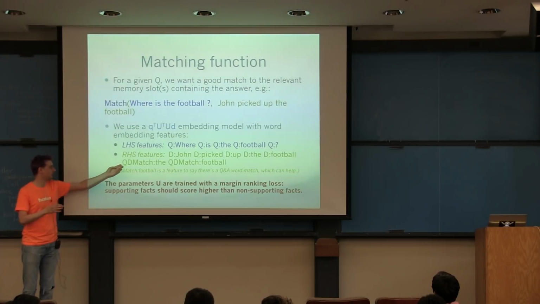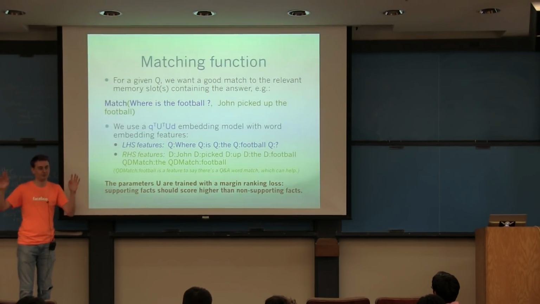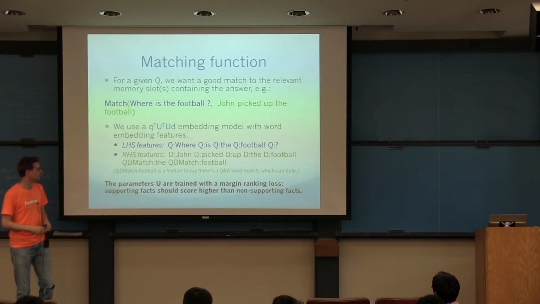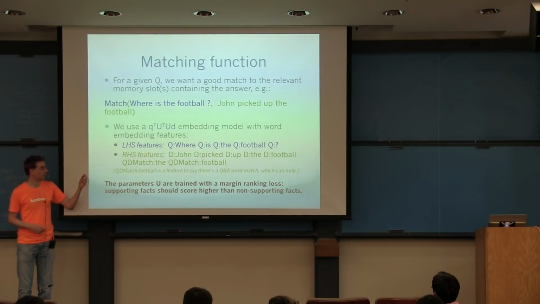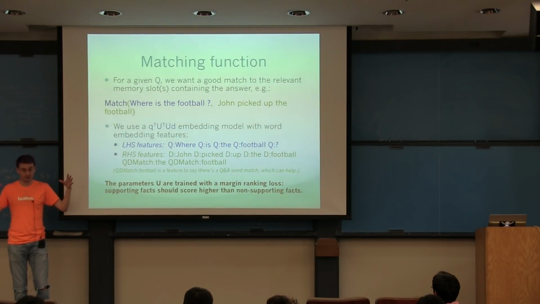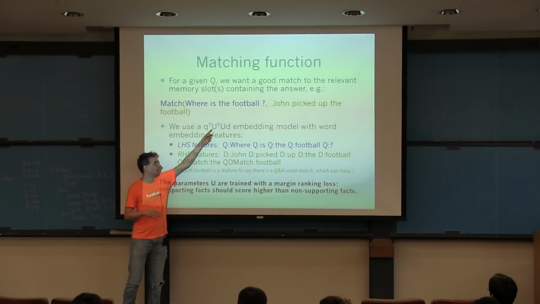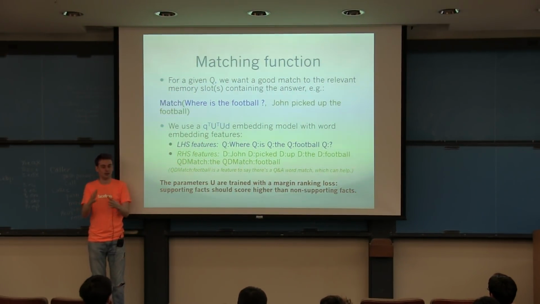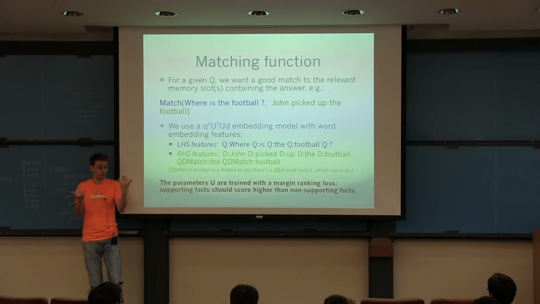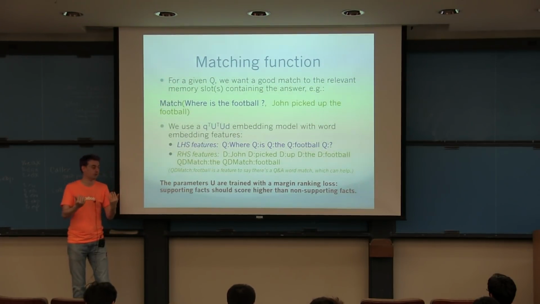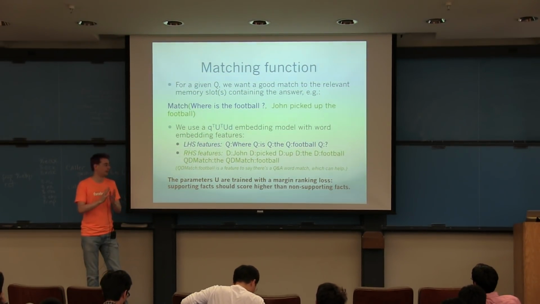And if you add these extra symbols, you thus need to extend your dictionary to have those as well. The reason they might be a good idea is that when you've pushed everything down into a 50-dimensional space by multiplying by this matrix U, you can't necessarily recall exact word matches anymore between the two sides, right? So that's when this QD match feature will still give you that exact word match.